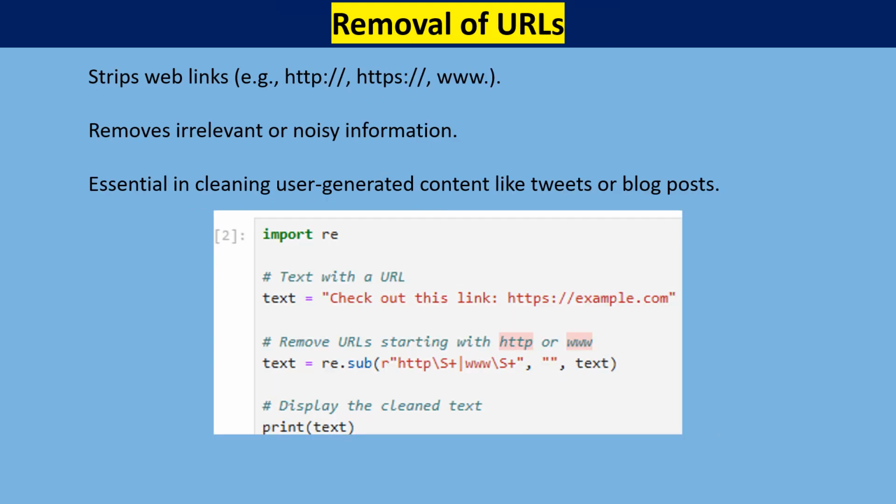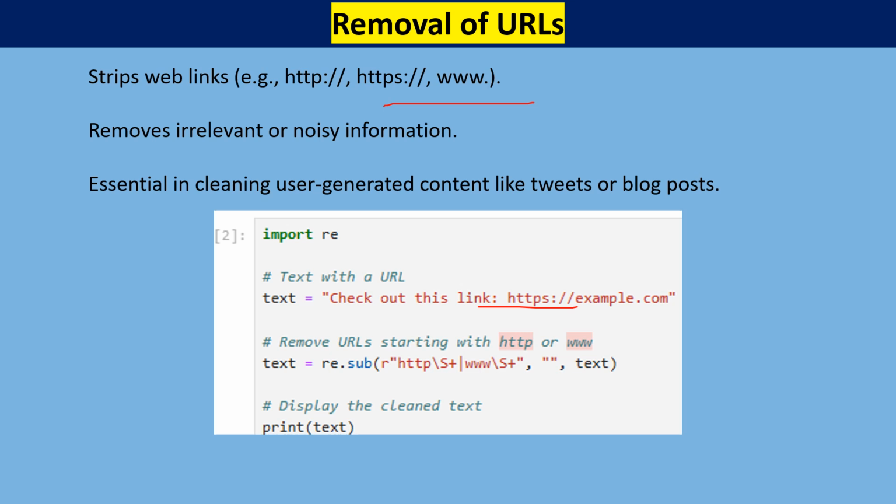Removal of URLs. URL data rarely contributes meaningful insight during text analysis unless we are studying links directly. In NLP tasks like sentiment analysis, topic modeling, or classification, URLs act as noise.